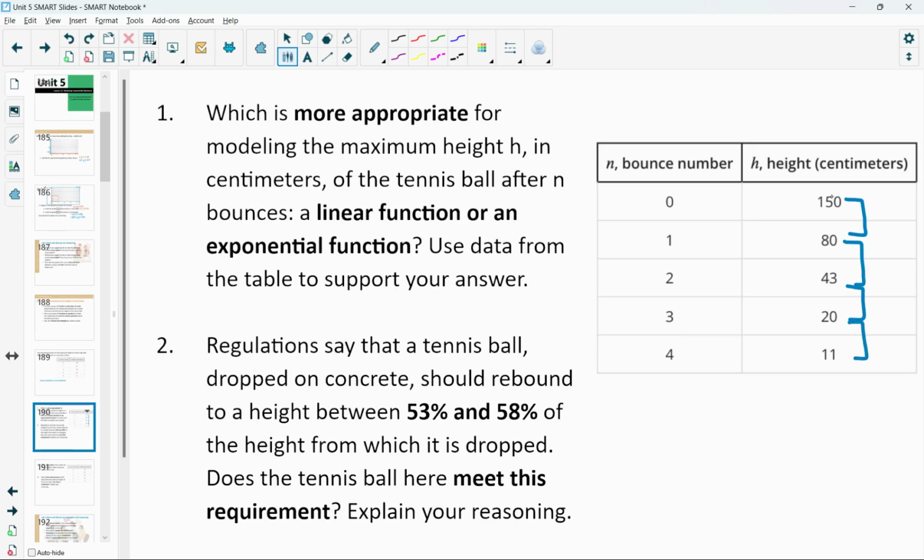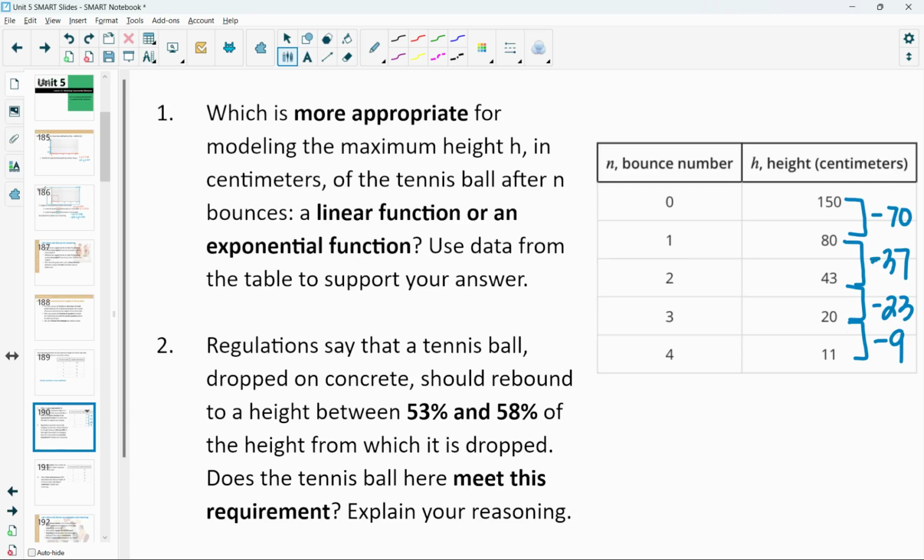So if I do 80 minus 150, I get negative 70. If I do 43 minus 80, I get negative 37. 20 minus 43 gives me negative 23. And 11 minus 20 gives me negative 9. Now, these are pretty significantly different, right?